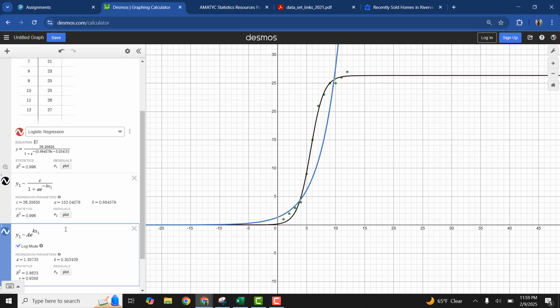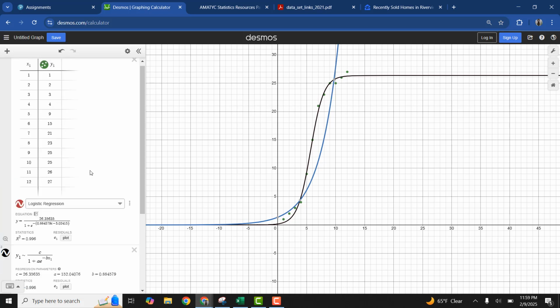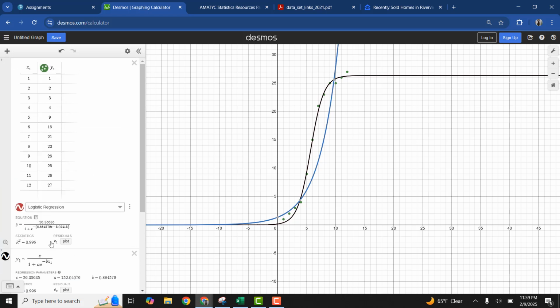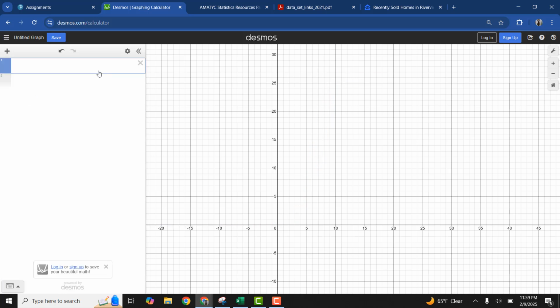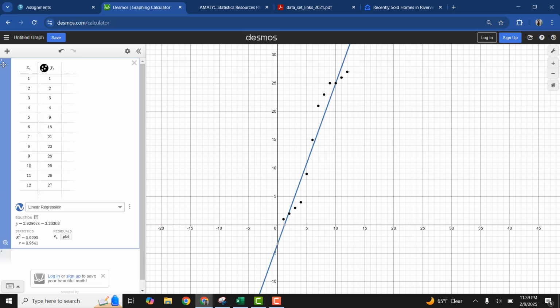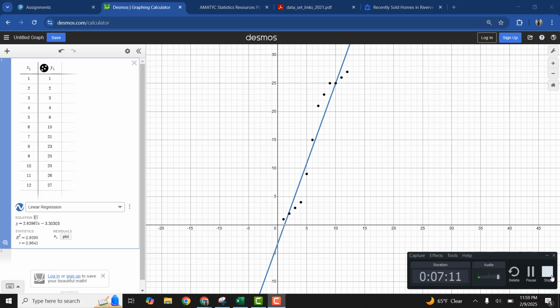All right, I think that's really about all you need to know with regression. Have fun exploring. Again, as soon as you get the data set in, you can just use this option up here to quickly fit models to the data. And as always, let me know if you have any questions.